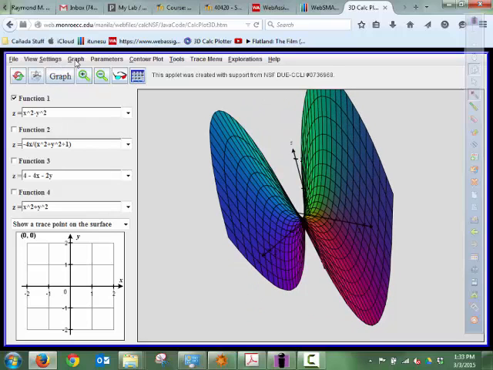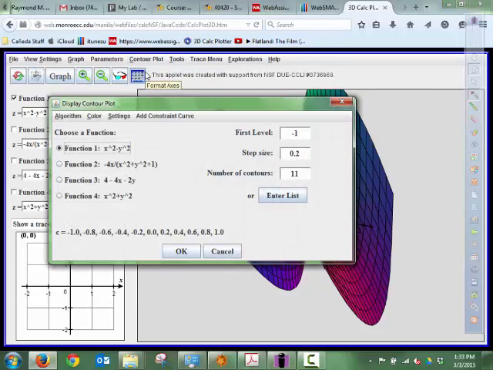Anyways, I can also do what they call a contour plot. We went from negative 2. Let's just go step sizes of 1 and number of contours: negative 2, negative 1, 0, 1, 2.